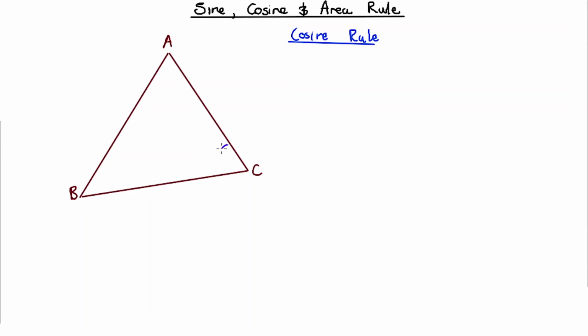Let's say you are given this angle, let's call it alpha. In order for the cosine rule to work, if you are given this angle, you'll be able to calculate the opposite side.